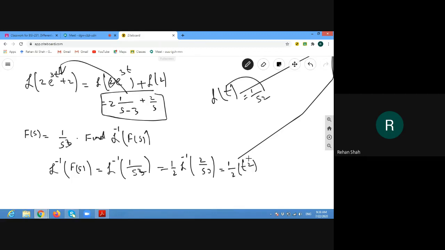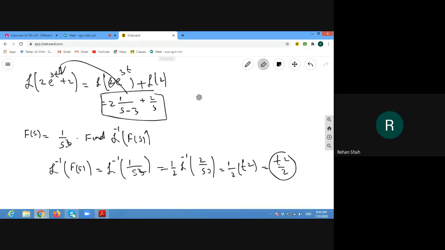The Laplace transform of t square is 2 over s cube, so the L inverse of 2 over s cube will be t square. So the result is t square by 2. Is it clear now? Yes, sir.